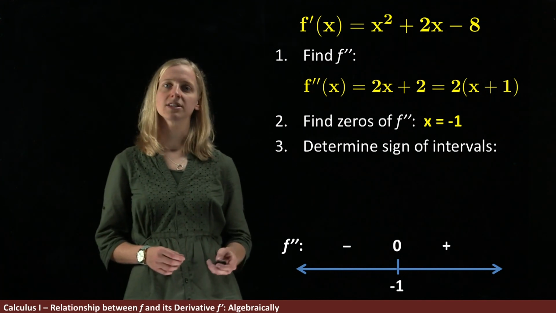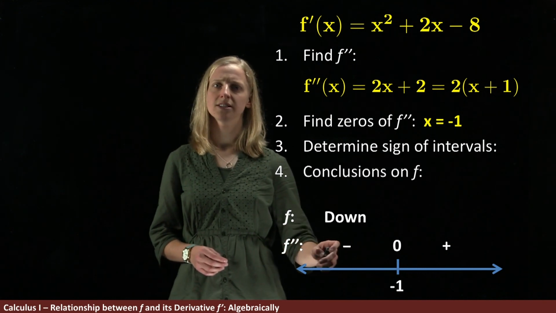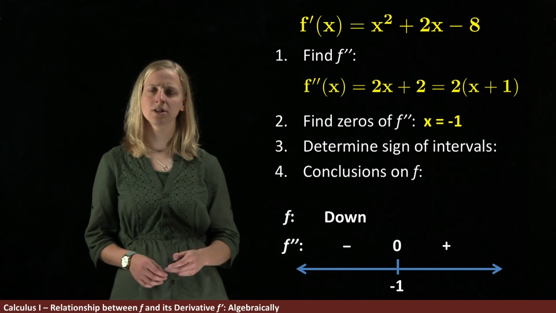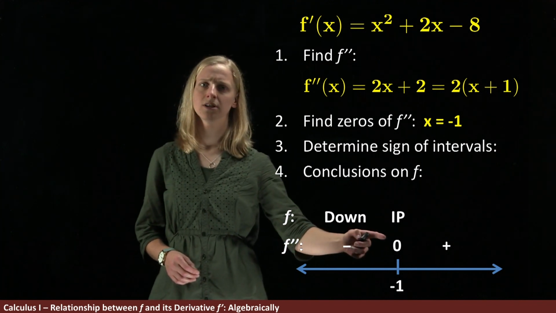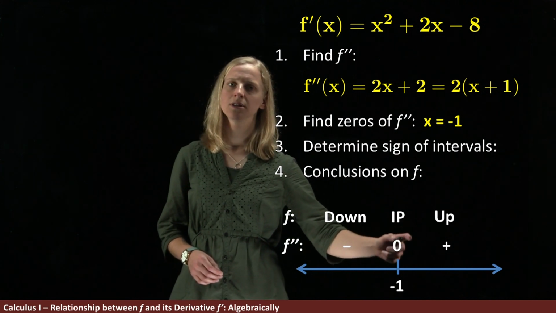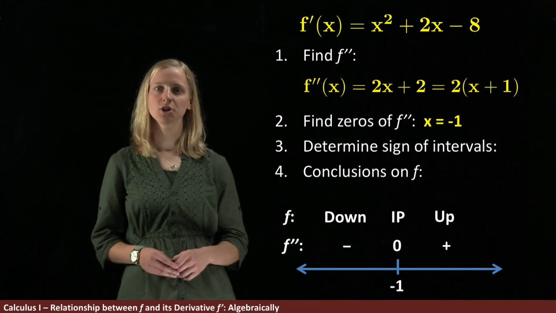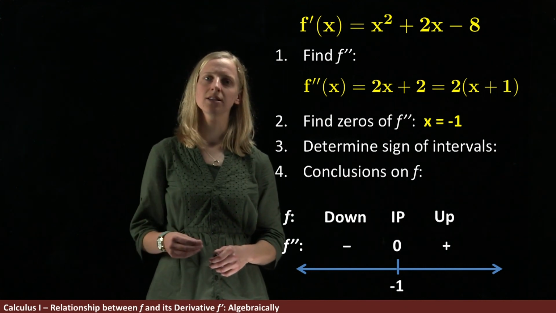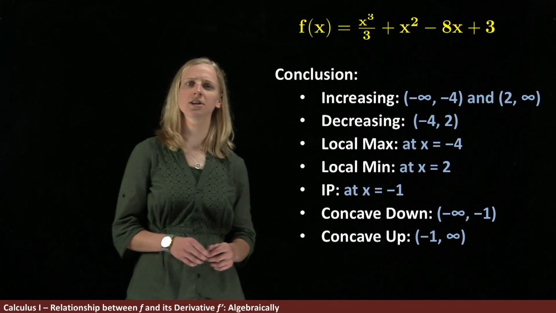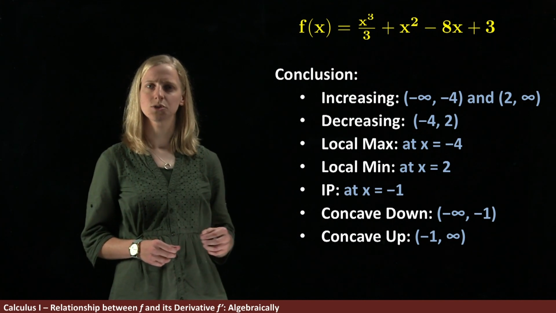With the signs of the second derivative, we can conclude that the original function is concave down between negative infinity and negative 1. It has an inflection point at x equals negative 1, and is concave up between negative 1 and positive infinity. So putting together what we learned from the first and second derivatives, the original function is increasing on the interval negative infinity to negative 4 and 2 to infinity.